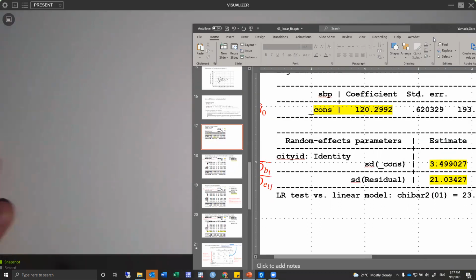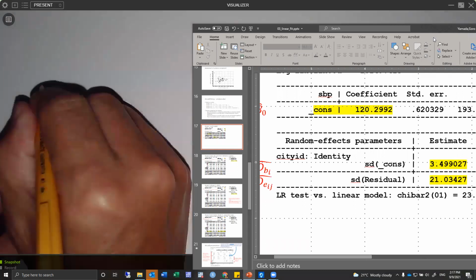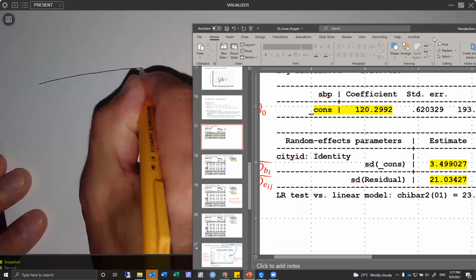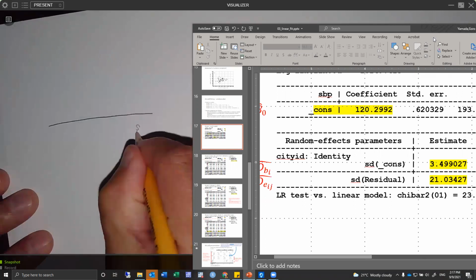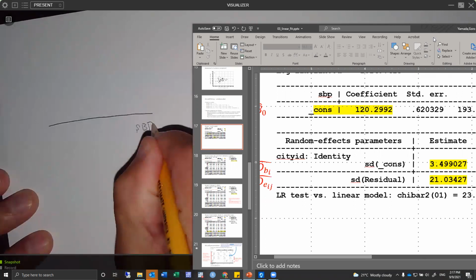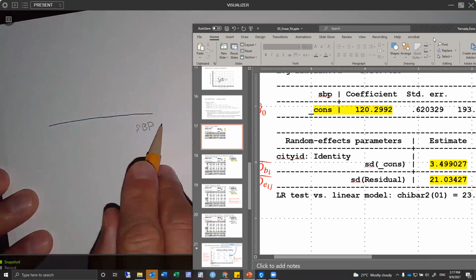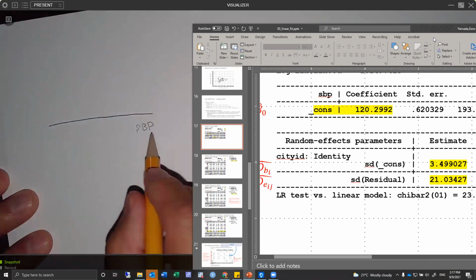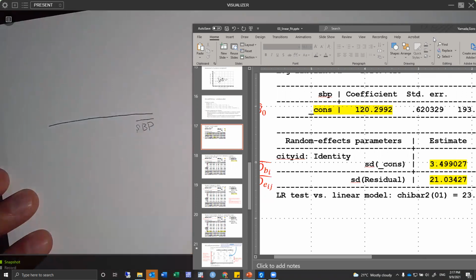So we take systolic blood pressure on the horizontal axis, maybe systolic blood pressure bar, meaning distribution of city mean.